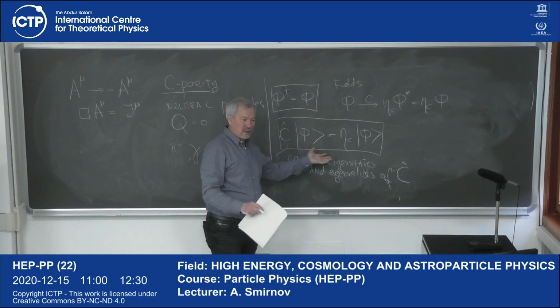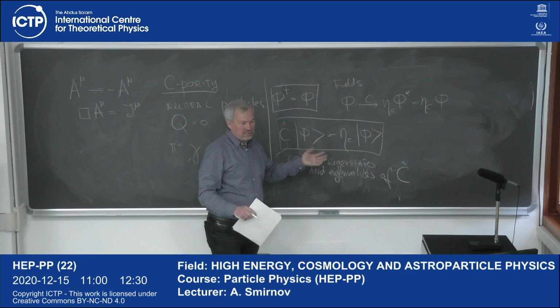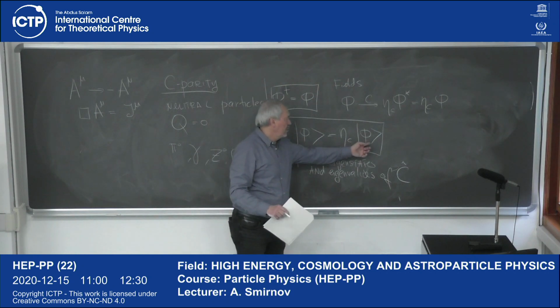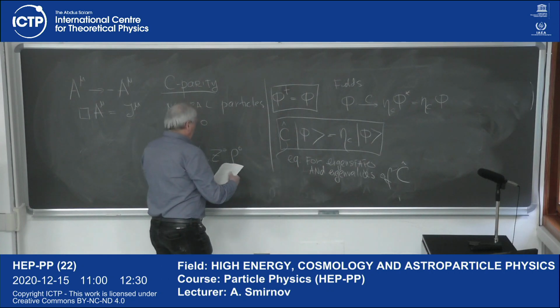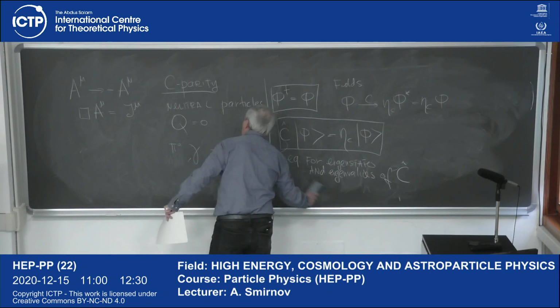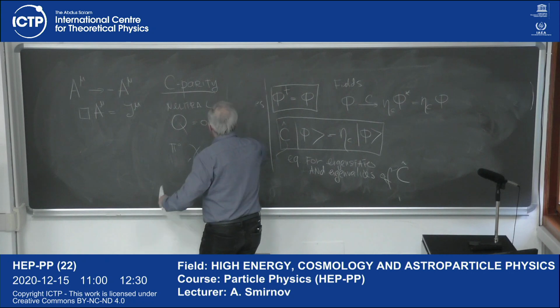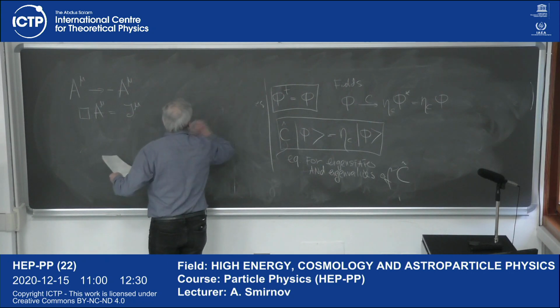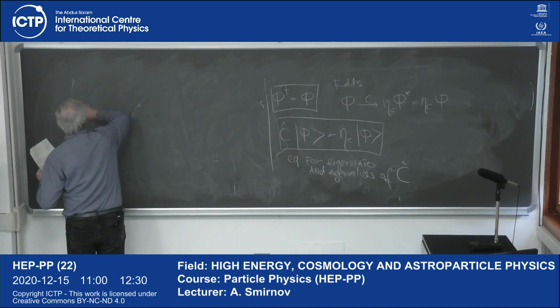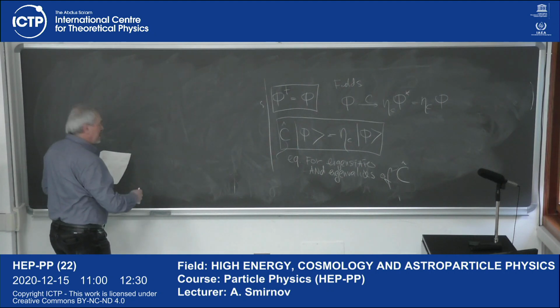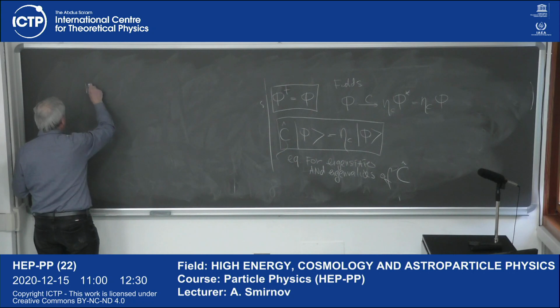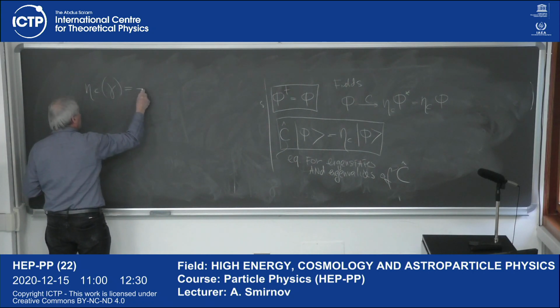You cannot introduce such things for particles with some charges because you will have something else on the right hand side. Now the same you can introduce for the photon. For the photon, we know that the photon is transformed with a minus sign, and therefore eta C for gamma is minus 1.